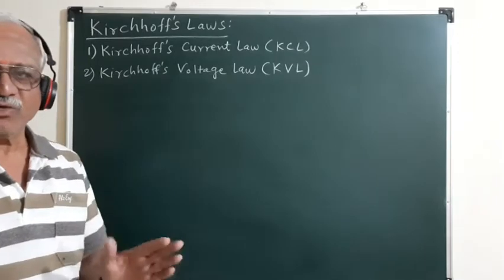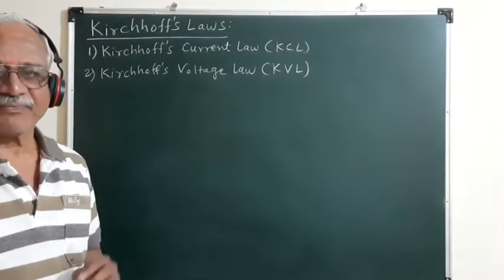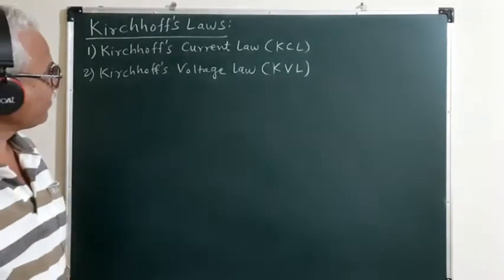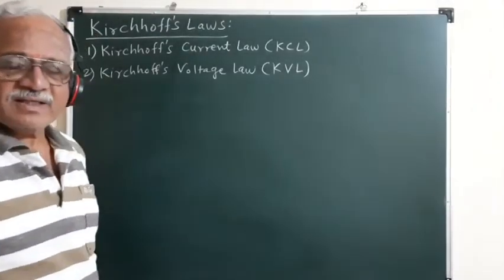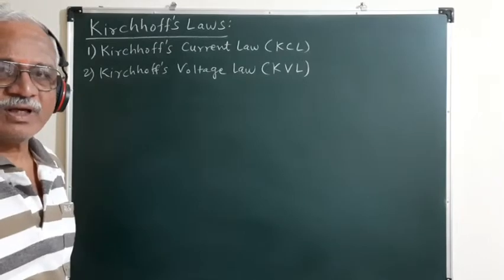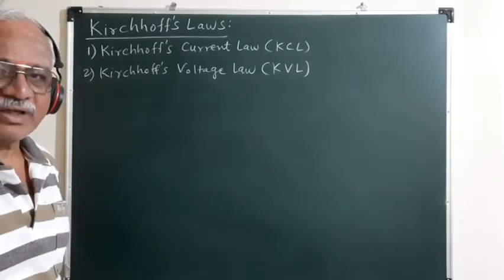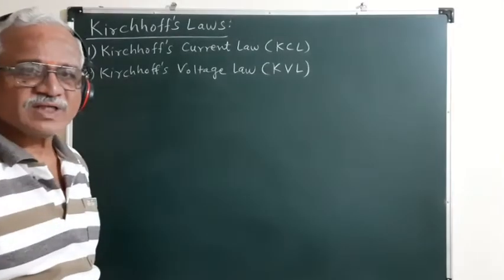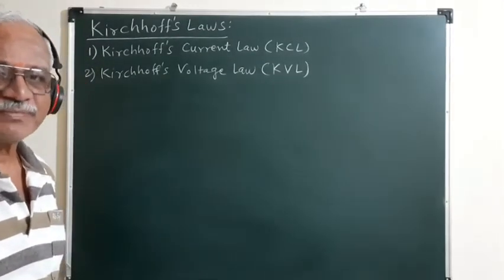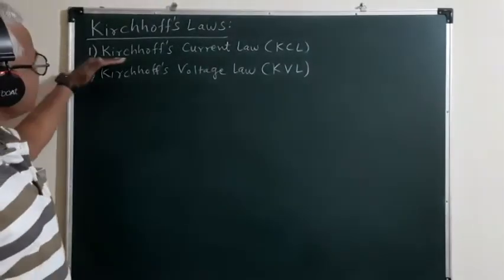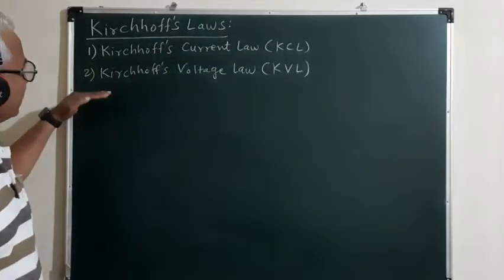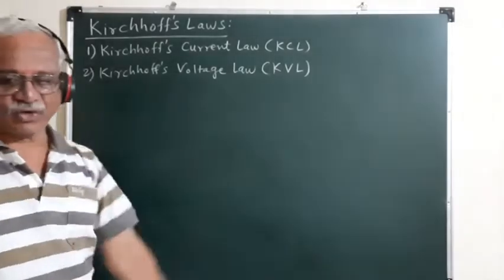So finding out these unknown quantities is called network analysis. To analyze the given network, here we are going to study the two most important laws that are commonly used. The first one is Kirchhoff's current law and the second one is Kirchhoff's voltage law.